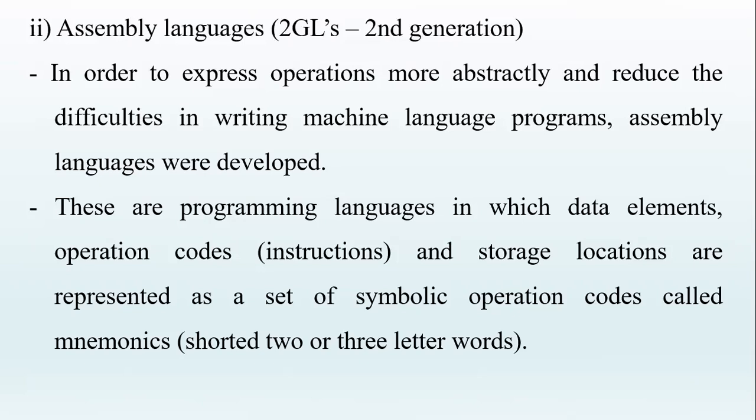These are programming languages in which data elements, operation codes or instructions, and the storage locations are represented as a set of symbolic operation codes called mnemonics, shortened 2 or 3 letter ones. In other words, mnemonics are shortened 2 or 3 letter ones or characters.